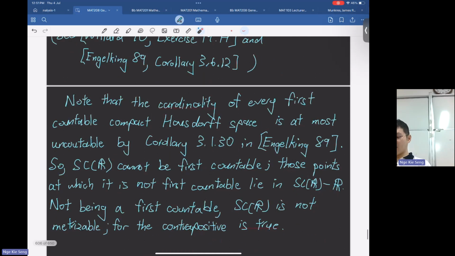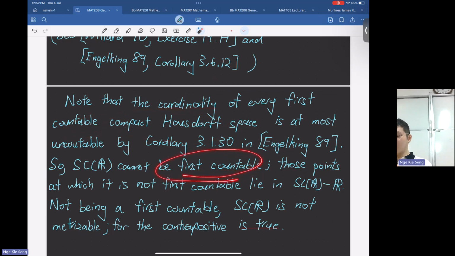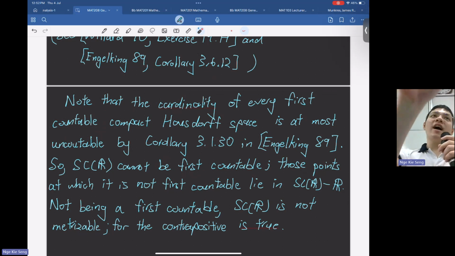So it cannot be first countable, because we know that it is compact Hausdorff. Where is it not first countable? Interesting, because we know that R is first countable, so the points that are not first countable are the points that we added in. When we compactify this space, these new points become not first countable.